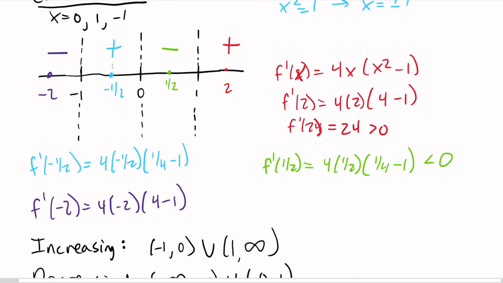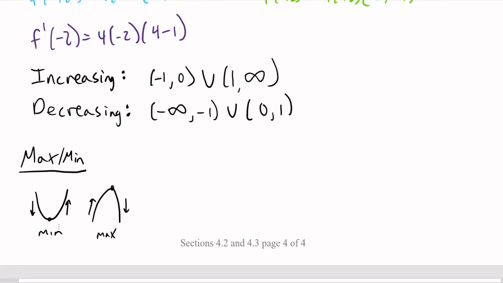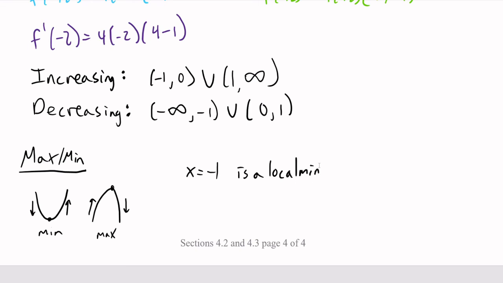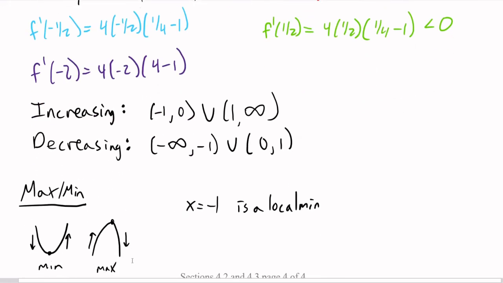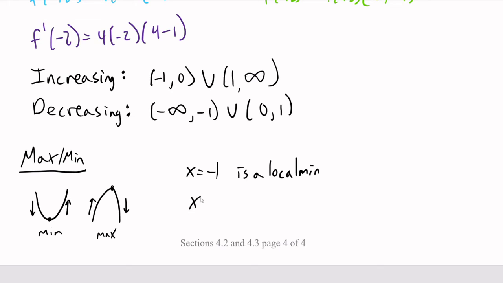At -1, I'm decreasing then increasing. Well, what's that? Decrease then increase: minimum. X equals -1 is a local min. Done. What about 0? I'm increasing and then I flip to decreasing. X equals 0 is a local max.